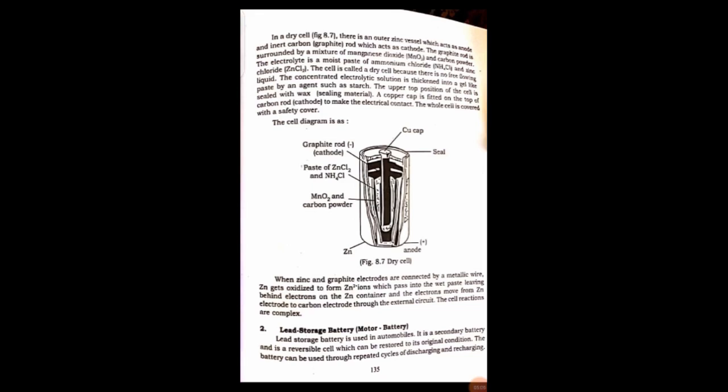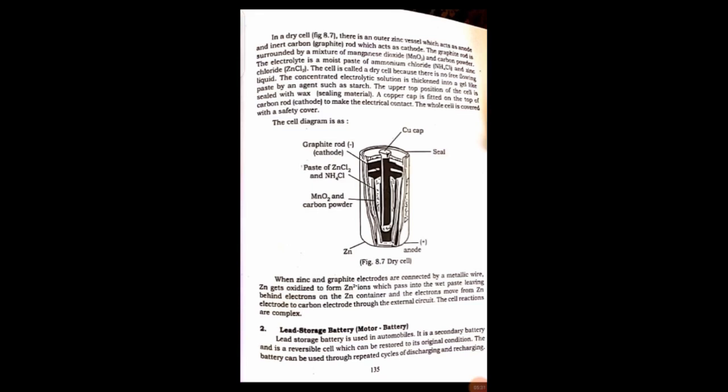The zinc and the graphite electrode are connected by the metallic wire as in the galvanic cell. Over here also on the zinc, oxidation takes place and zinc ion will pass into the wet phase, leaving behind electrons on the zinc container, and the electrons move from the zinc electrode to the carbon electrode through the external circuit.